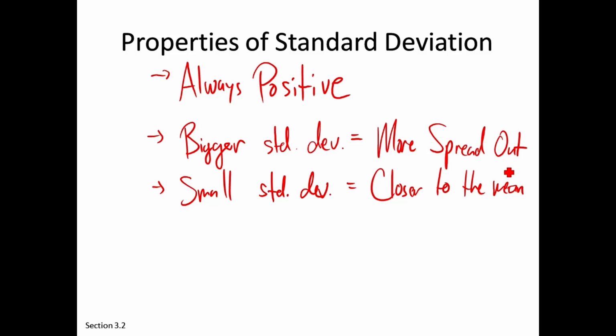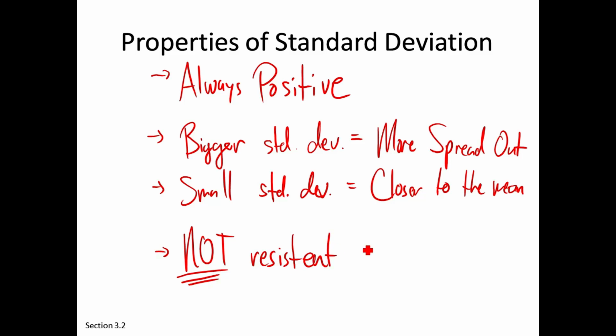Okay. And the other thing about it, though, is it is not what we call resistant. We talked about this concept with outliers. The standard deviation, like the mean, is very, very highly influenced by outliers.